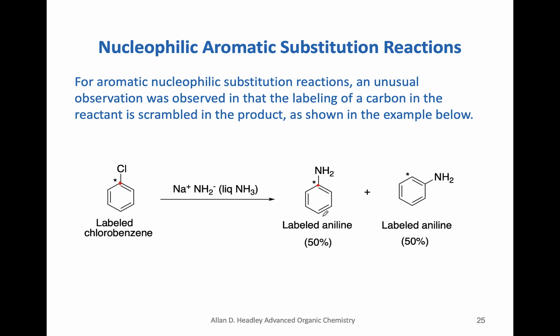You would expect this to be the product because this is the substitution right here, based on the mechanism that we've just described, the second order mechanism. But we have observed, however, that this is also a product and it's 50-50 equal.